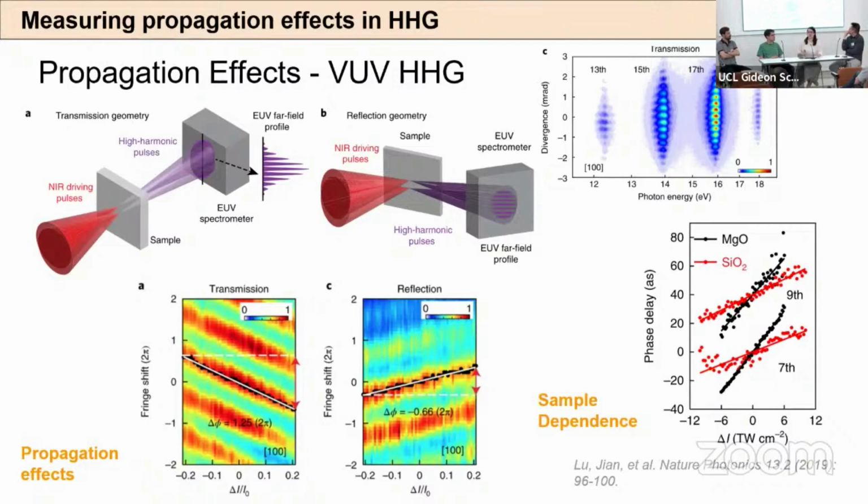And you can see here that depending on geometry, this fringe shift was very different. Even the direction of the shift, not just the magnitude, was different, which can suggest some very strong propagation effects, especially when we're looking in transmission.